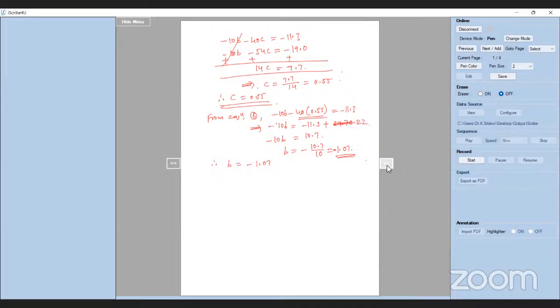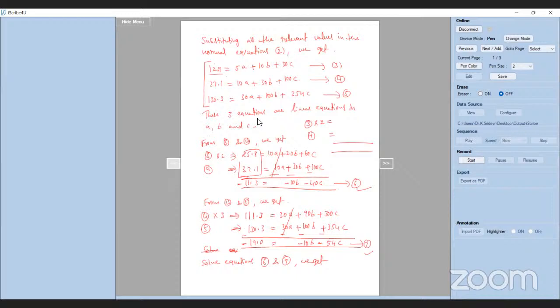If you substitute the B and C values in any of the normal equations, 3 or 4 or 5, we can get the A value.